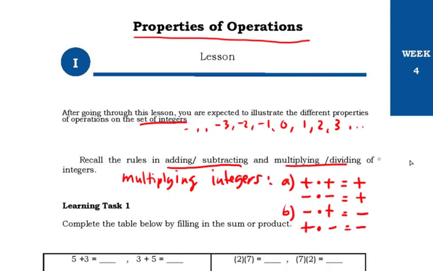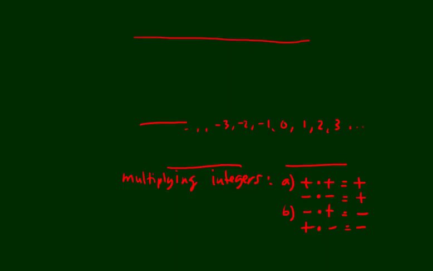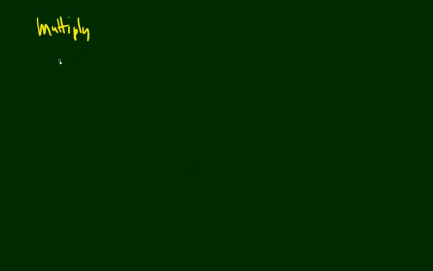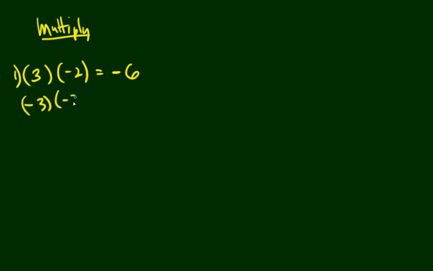So magbigay po tayo ng halimbawa. So let's say multiply 3 times negative 2 is negative 6. Dahil magkaiba po sila ng sign, kaya negative. Pagka magkatulad po sila ng sign, let's say negative 3 times negative 2, the answer is positive 6.